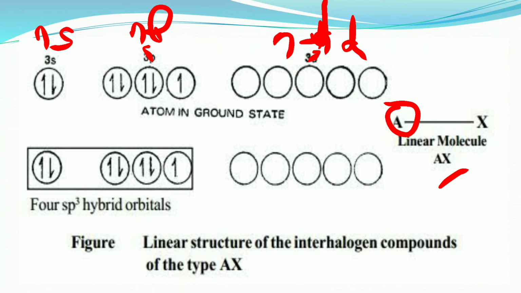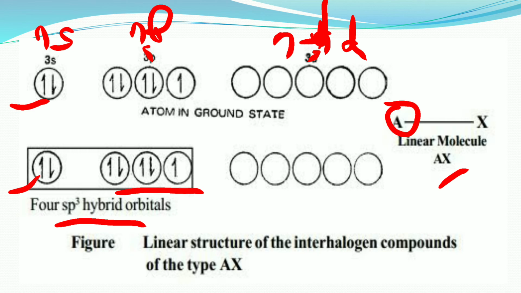In the excited state, there is no need for excitation of an electron, because only one other halogen is bonded to this central atom. That's why these 4 orbitals, one s and three p orbitals, combine together and form new 4 sp3 hybrid orbitals. That means the hybridization of this molecule is sp3, the geometry is tetrahedral, and the structure is linear.